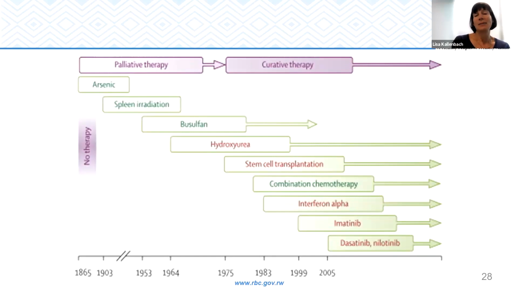And now we're talking about long-term disease control, possibly cure, with imatinib and the second generation TKIs, dasatinib and nilotinib. So we've come a long way in treating CML and turning it into a chronic disease.